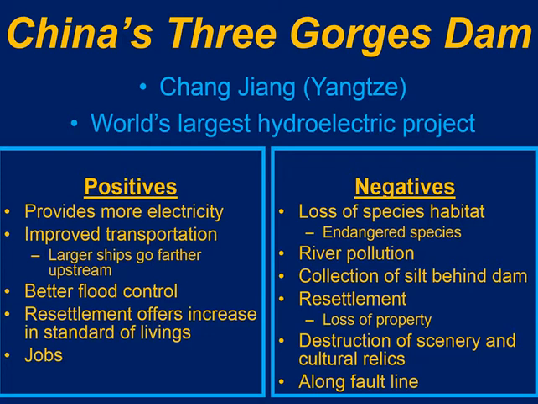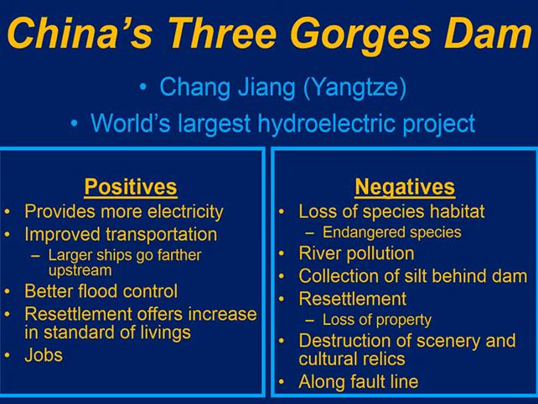The Three Gorges Dam on the Yangtze River is the world's largest hydroelectric power project, and it has many positives but also some negatives. Some positives: it provides a whole lot more electricity, and once again, that's a rather natural capturing of energy rather than coal or oil, which obviously produces pollution.